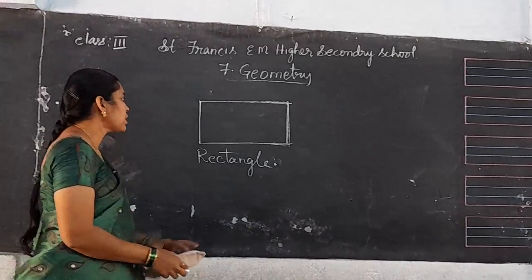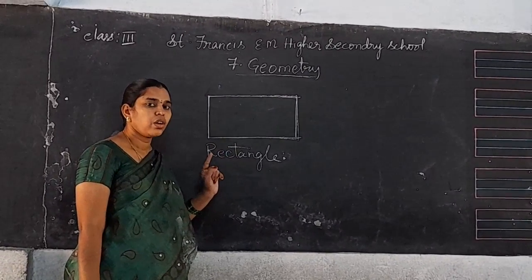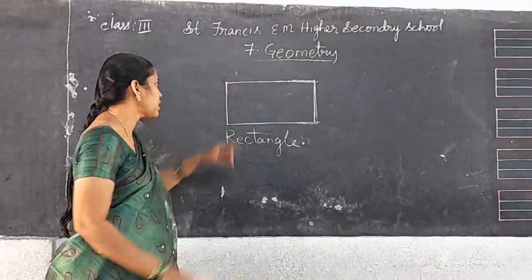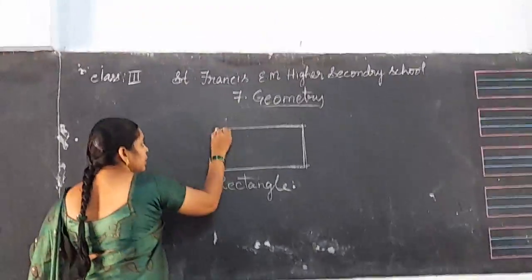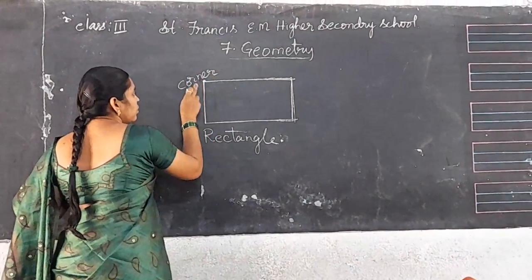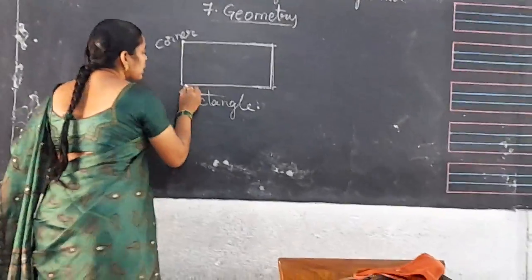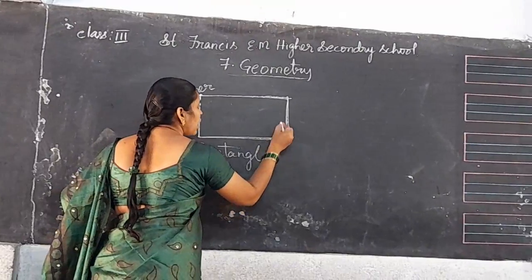Right? Each straight line we will call a side. Okay? And two straight lines meet at a point. This is called a corner. Okay? And each line is called a side.